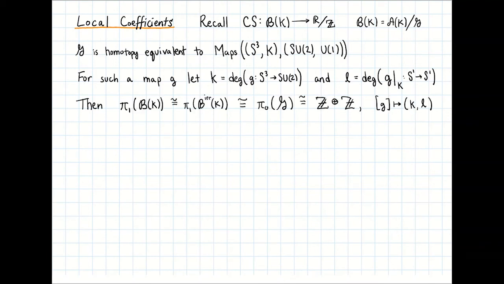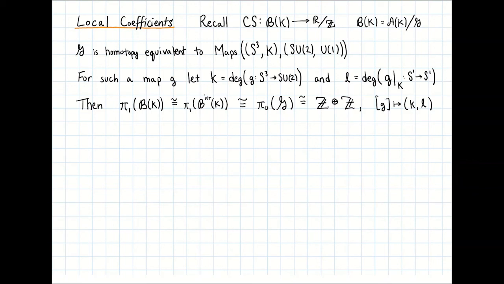So we can compute the fundamental group of the configuration space B of K. It's isomorphic to pi 0 of this gauge group G, which by the above construction is isomorphic to Z plus Z, associating to a map g the two integers k and l.